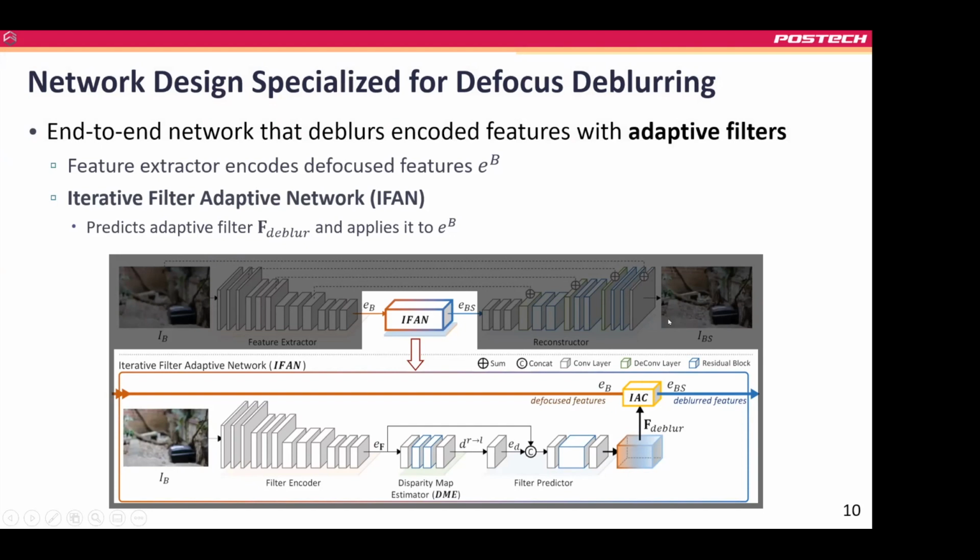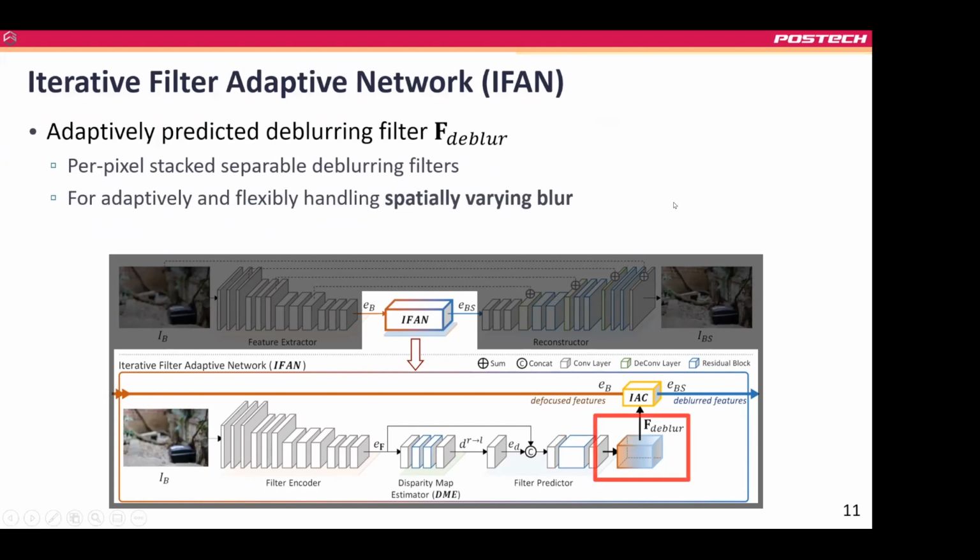Then our main idea lies in this iterative filter adaptive network to produce this adaptive filter F_deblur. And this F_deblur basically consists of stacked separable deblurring filters. This filter should be spatially varying, because at the beginning I mentioned that the defocus blur will change depending on pixels.